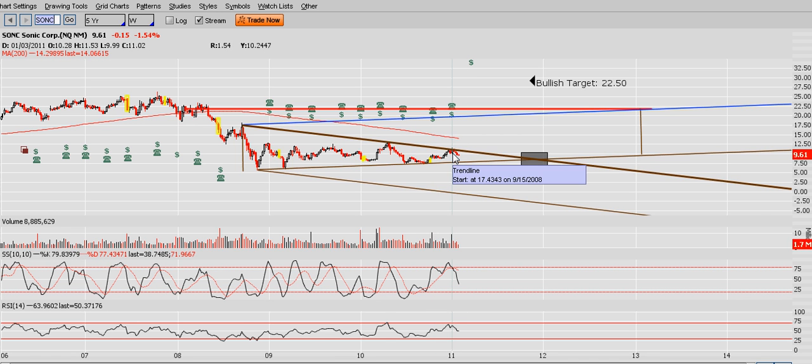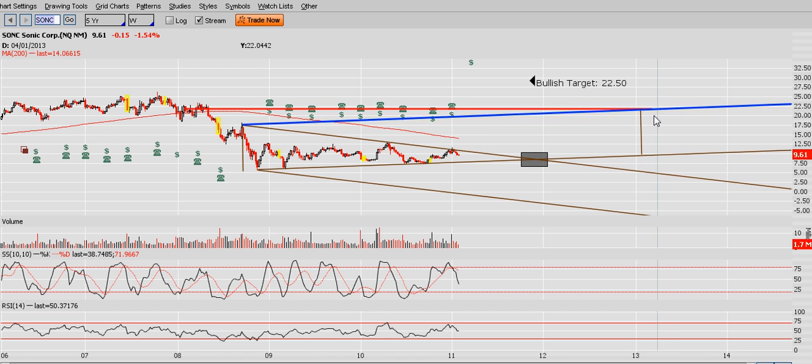We would expect it to get there in beginning of 2013, but you've got to think about it. Let's see, 961 to 2250, that's over a 100% gain. And for a stock that doesn't seem to be very fast moving in the first place, that's reasonable.